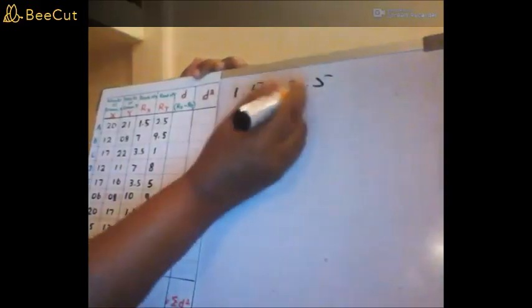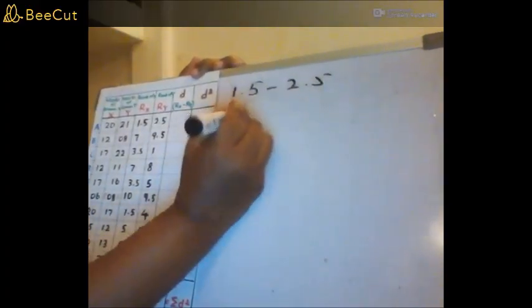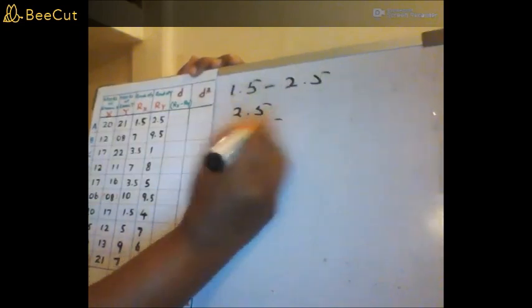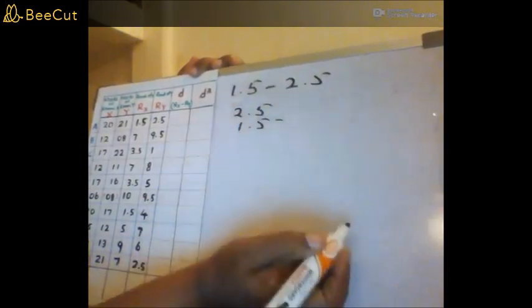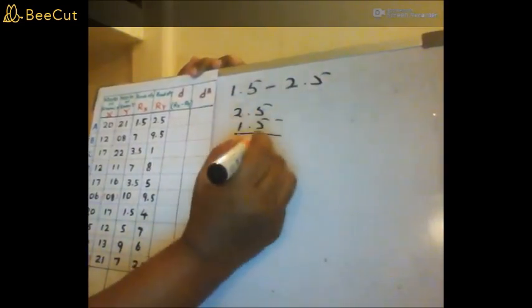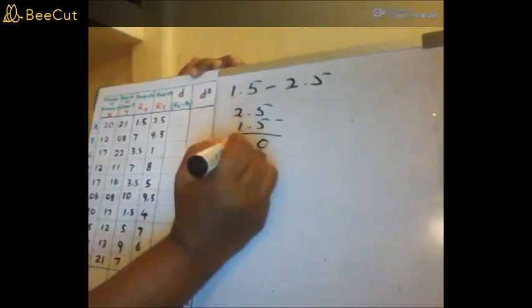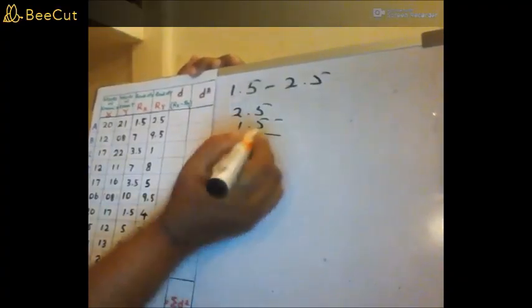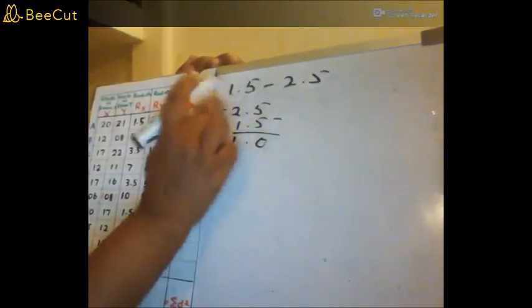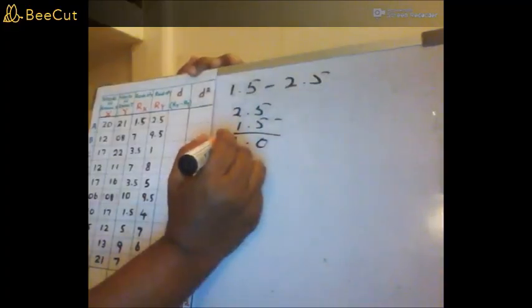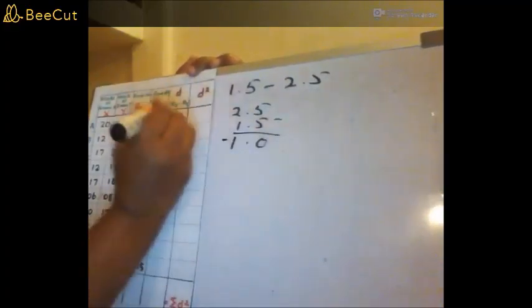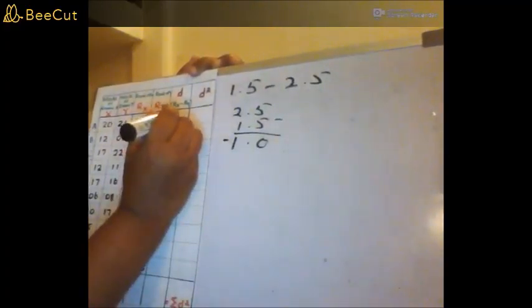So how to do? We have to take the larger value here. 2.5 minus 1.5. That's the way you are doing. 0 here. It is 1. And you will have this minus now. So you will have to put minus. The answer is minus 1.